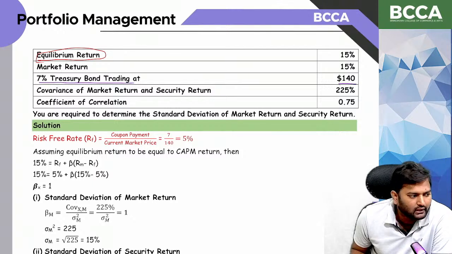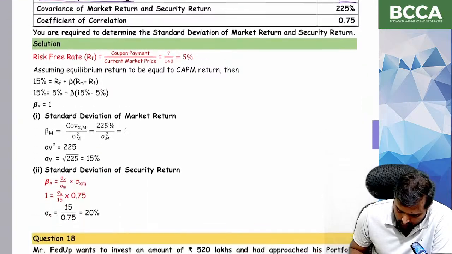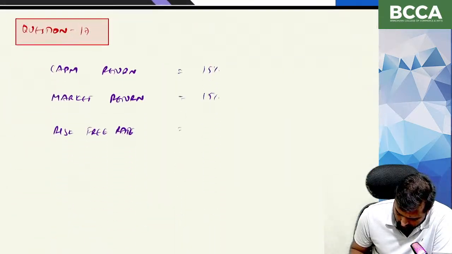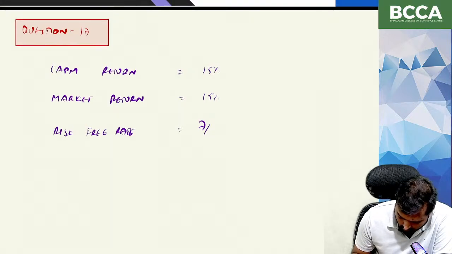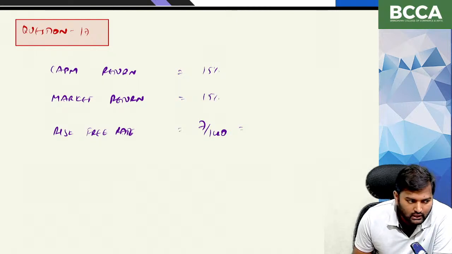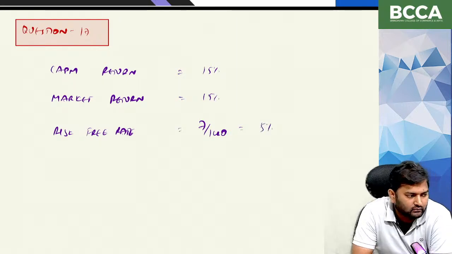We can directly take risk-free rate as 7%, but in the study material, they took 7 divided by 140. So what is the answer? 5% is the risk-free rate.